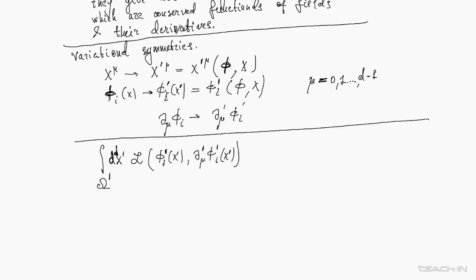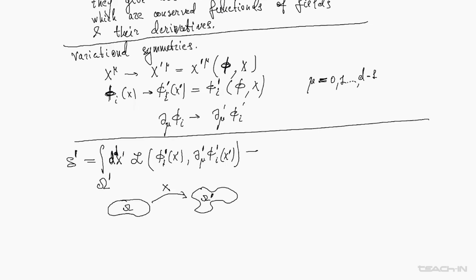And under this transformation x to x', it is mapped to some other region, which we call Ω'. So this is the action S' under such a transformation. And the condition of the theorem requires that this is equal to the old action.